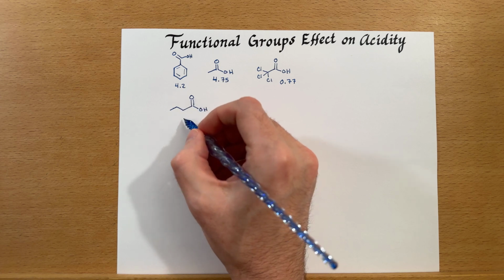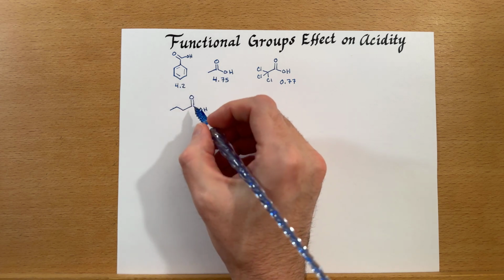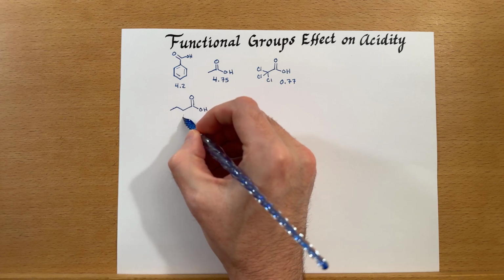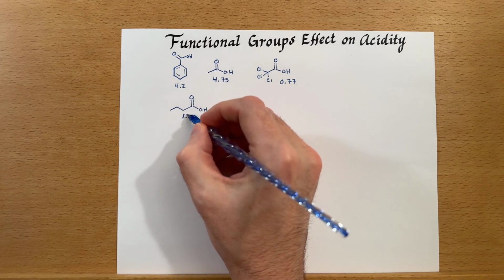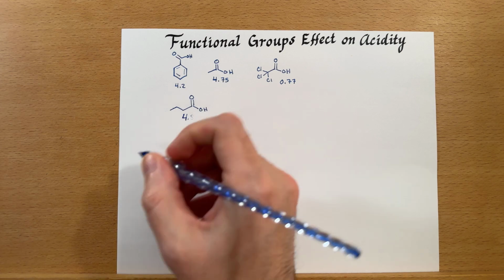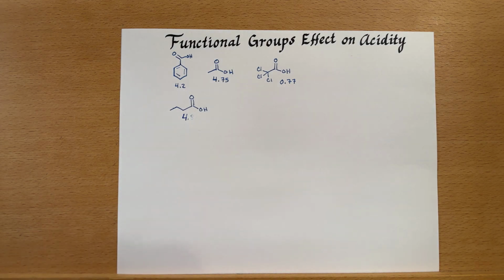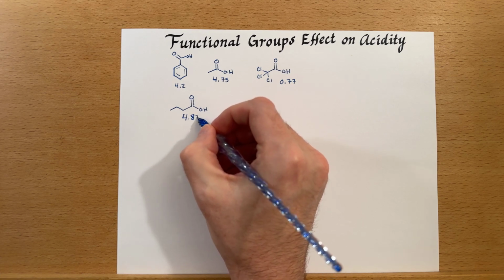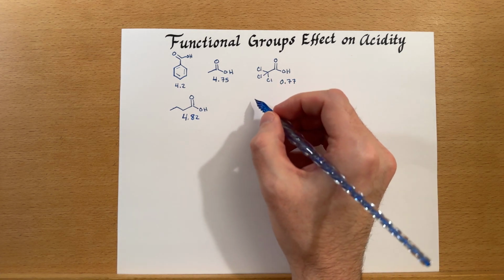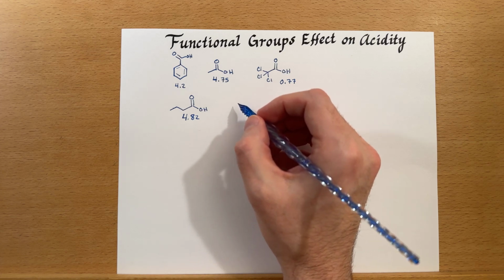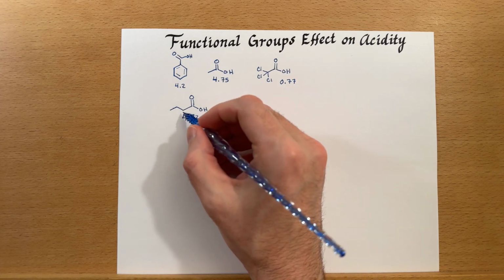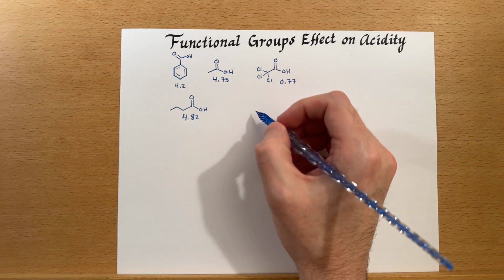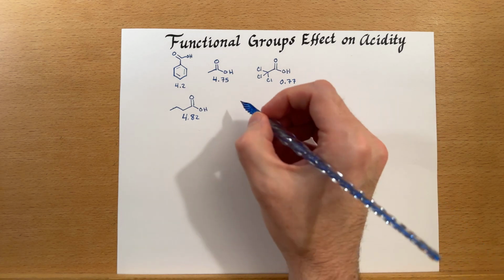And it has a very similar acidity to these other carboxylic acids. However, if we start to put a chlorine on the molecule, then we can see an increase in the acidity.